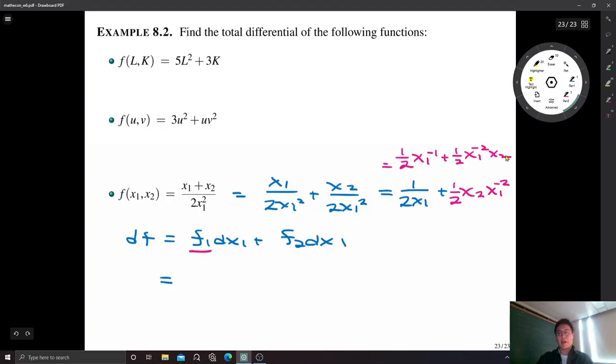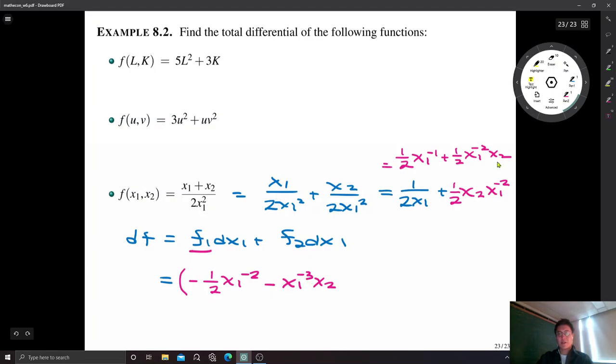Okay, then f sub 1. Now regarding x2 as a constant, its partial is going to be negative 1/2 x1 to the power negative 2, and then negative x1 to the power negative 3 x2, because if we multiply 1/2 and the power, we have negative 1, and then we have to take 1 away from the power, so the power is going to be negative 3.